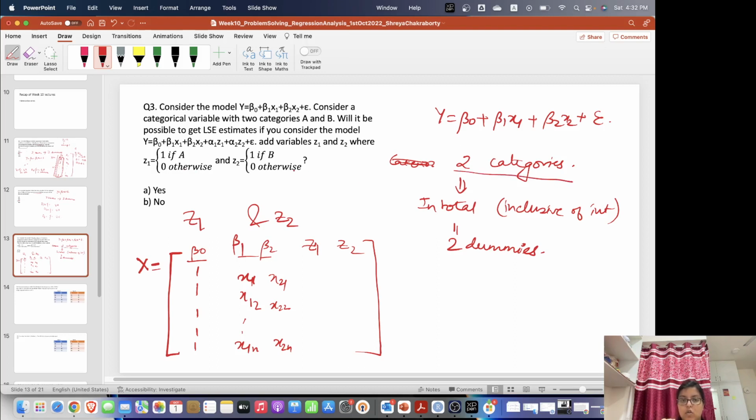So wherever it is A, we would have 1, let's say here, and 0 here otherwise, and wherever we have B, we would have 1 here and 0 otherwise. Now if you look carefully into the first, third and the fourth column, can you see that the first column is actually the sum of third and fourth column?